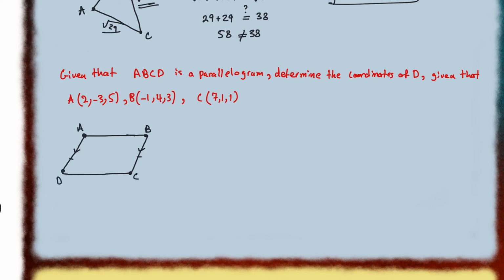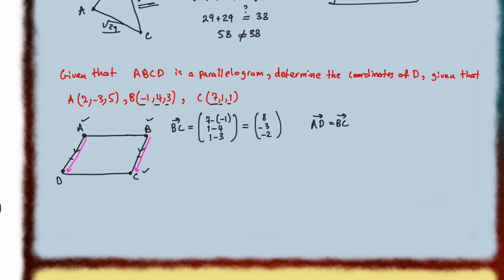Based on those, we know that we have points A, B, C, and we want to find the coordinates of D. We have vector BC and vector AD, which are in the same direction. To find vector BC, we're going to subtract the x, y, and z components of point B from point C, and we're going to get 8, -3, and -2.